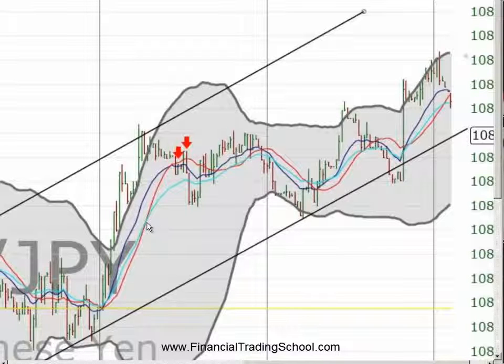This cross here represents this area. If you put right there, that would be better than these entries, but they would both still win. But you have to test it out, see what you like. But these ones are for the 13 EMA cross. So it crossed, goes back up a little bit. I enter on the pullbacks, and then I win.